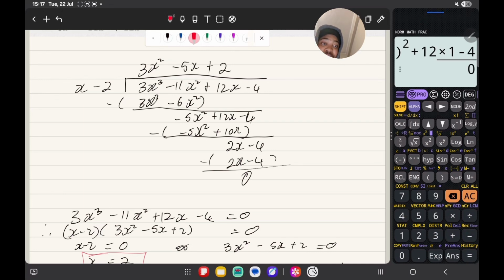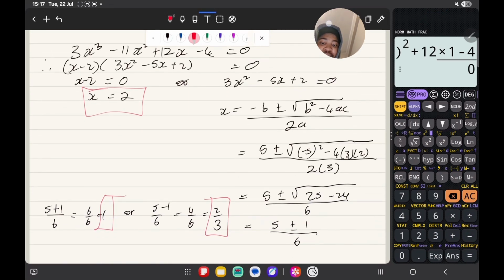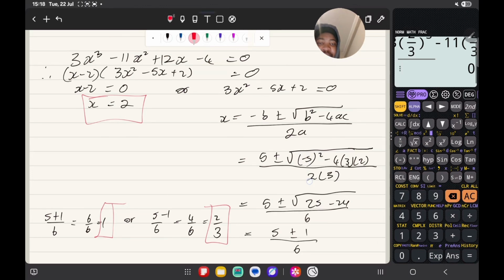So 1, it works, right? 1, it works. Then let me try 2 over 3. Oh, and it works. Yeah, that is nice. That is nice. So yeah, these are the values of x, and they work.